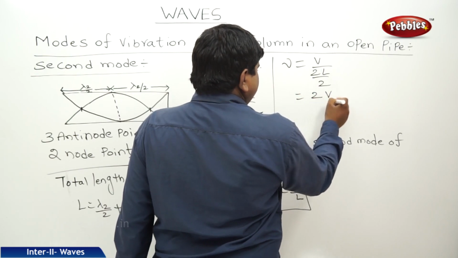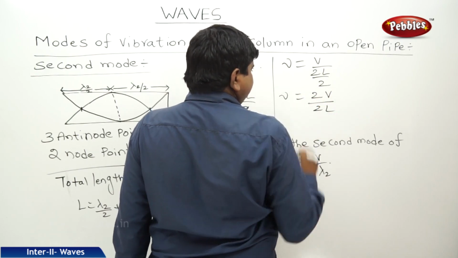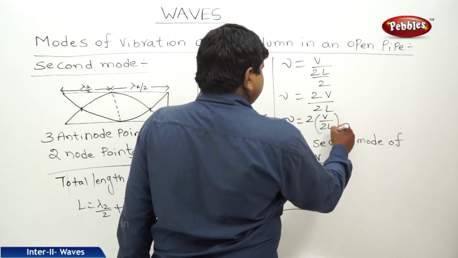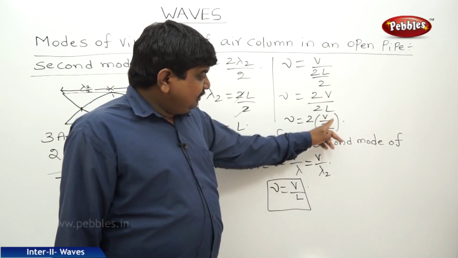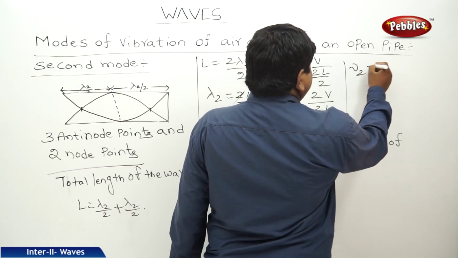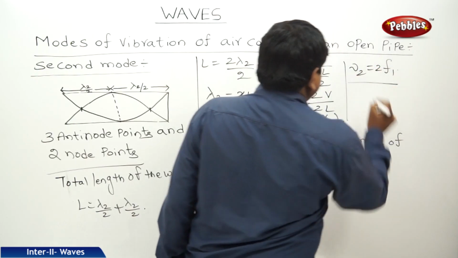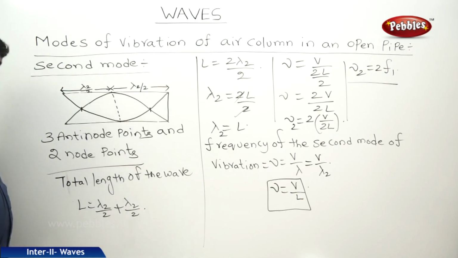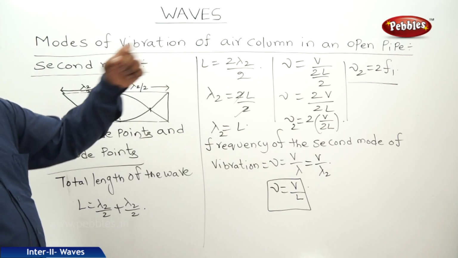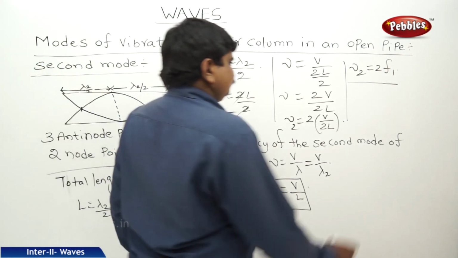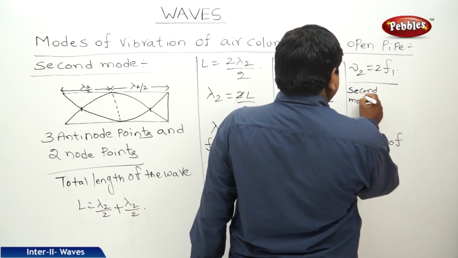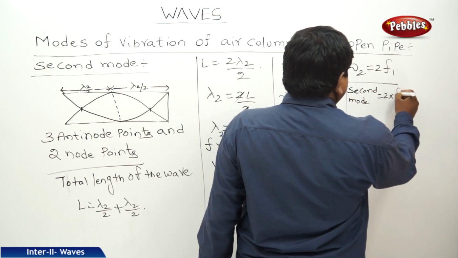Therefore, this is 2V by 2L. From this, nu is equal to 2 into V by 2L, and we are writing V by 2L as F1. So this is nu 2. Therefore, nu 2 is equal to 2 into F1. So the frequency of the second mode is equal to twice the frequency of the fundamental mode. Second mode is equal to 2 into first mode.